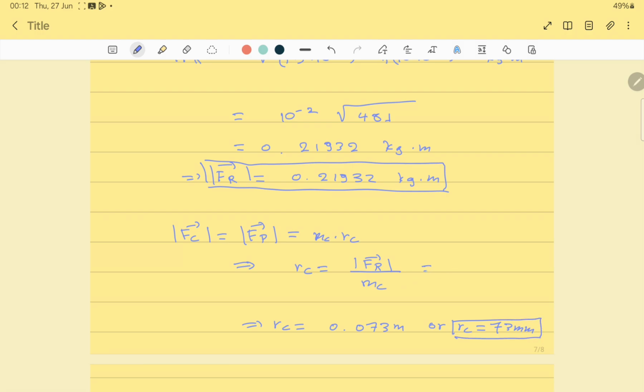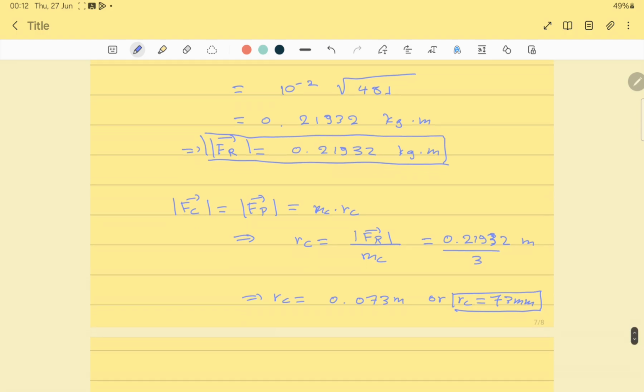So here the FR of course is, we have made substitution to calculate it. Now we know what the radius for C is.